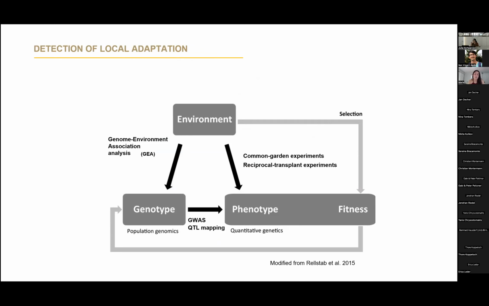So, in order to detect local adaptation, if we detect phenotypic differences at small spatial scale, we have to try to find the link between those differences, the genetic diversity, and the environmental heterogeneity. Several methods have been developed recently in order to study all these interactions.